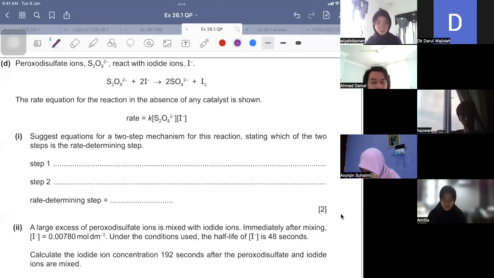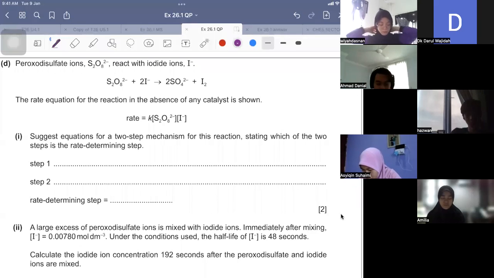This is a reaction in the absence of catalyst, because if you remember in the previous topic, we add Fe2+ and Fe3+ to aid in this reaction, because persulfate and iodide are both negatively charged species, and it's hard to bring them close to each other because they will repel each other. Okay, right. So this is our overall equation.